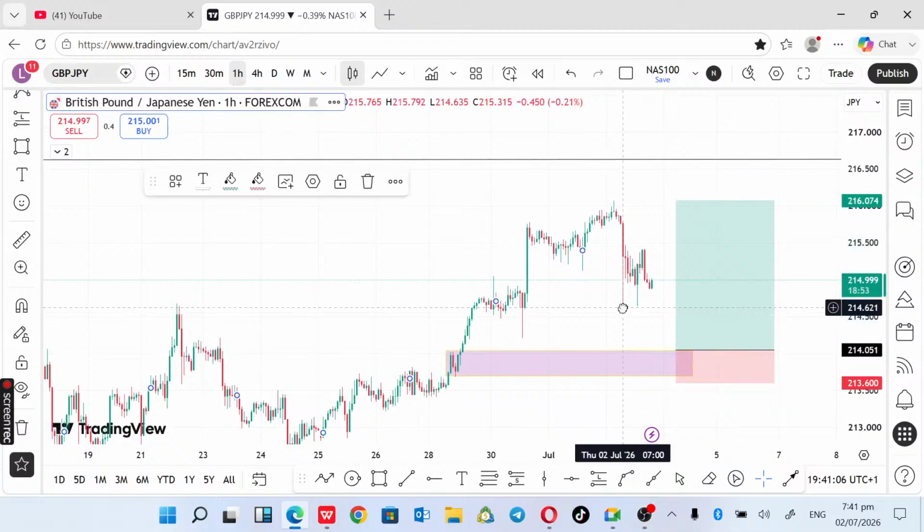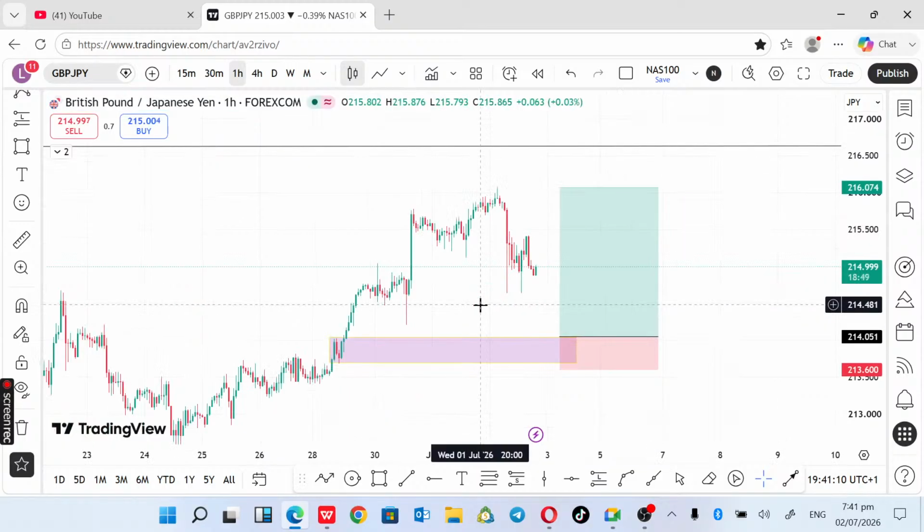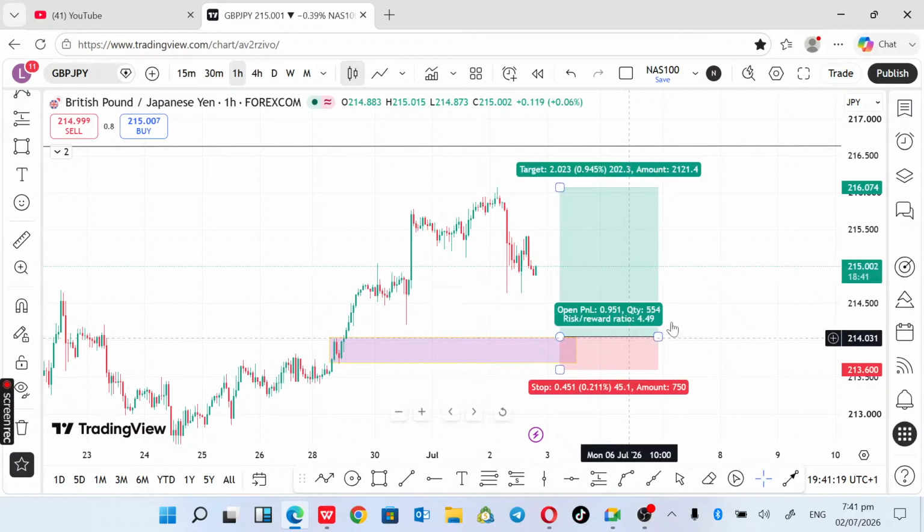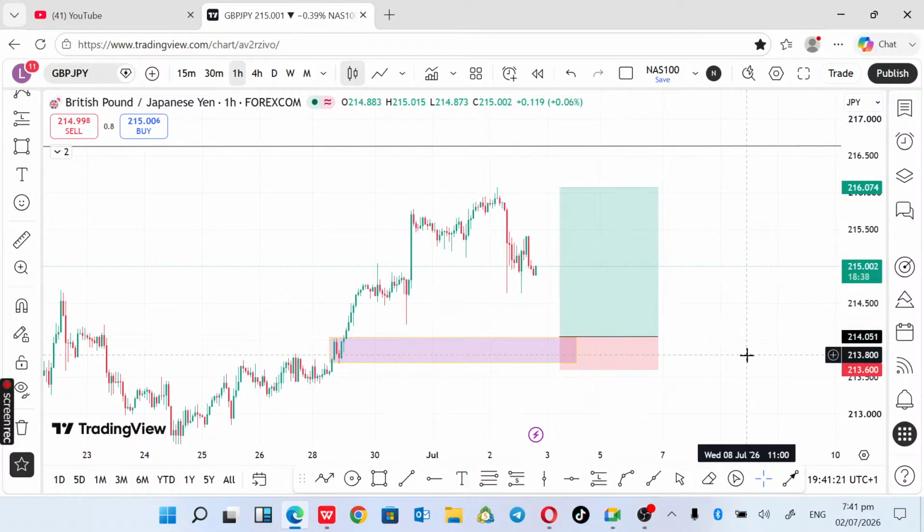So this will be our entry, this will be our target, based on what we've seen from the 4 hours. On 4 hours we didn't see any entry yet, so we had to dig deep into 1 hour to get our support entry from here.